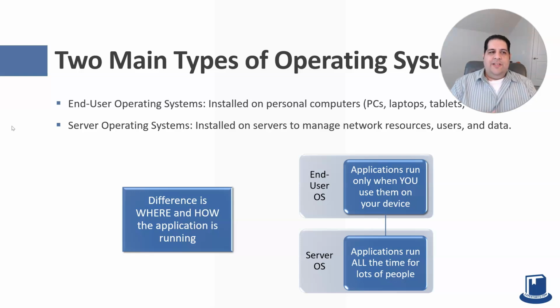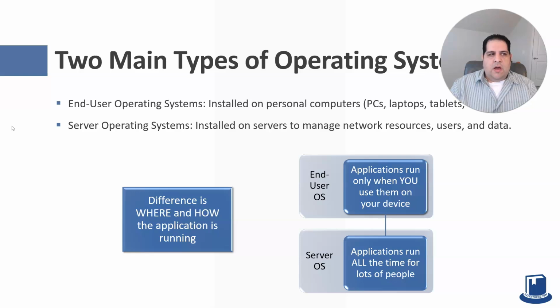Is it running on your computer, your laptop? Is it running on your tablet? Is it running on your television? Is it running on your Xbox or PlayStation? All of these pieces really identify that the operating system runs on personal computers. Now, a server operating system, a lot of times, yes, it could probably run on most of these things, but that's usually where it does run.